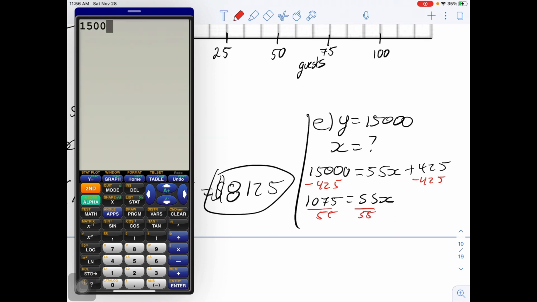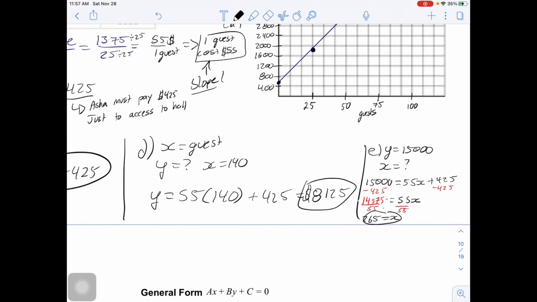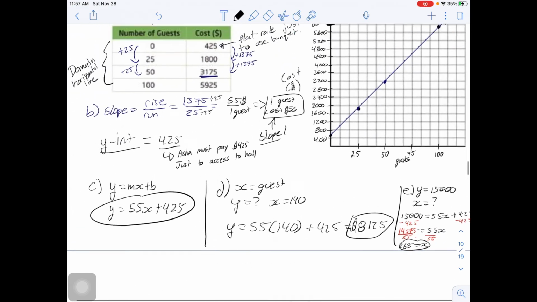That's the wrong number. So 15,000 minus 425 is a very different number. This will be 14,575. And then we divide that by 55. So 14,575 divided by 55. So it looks like she's going to have a massive wedding of 265 people. Okay, so she can invite at most 265 people.